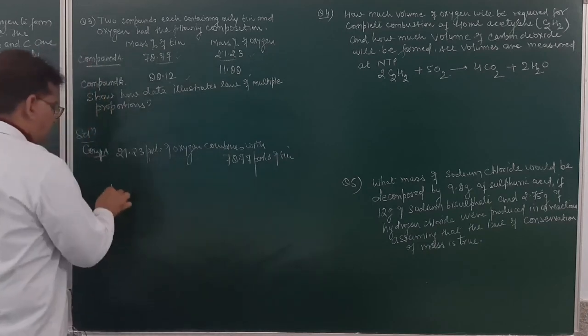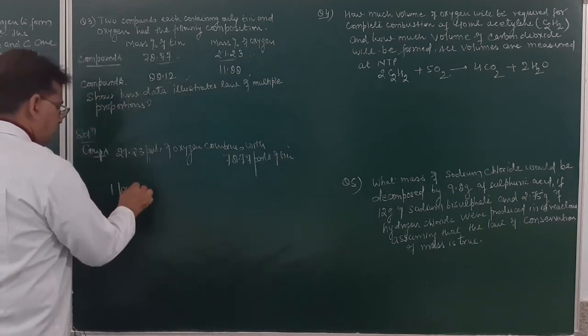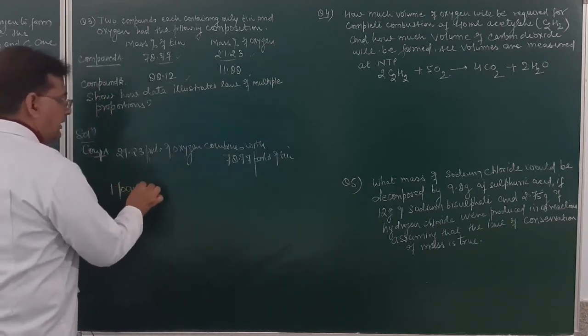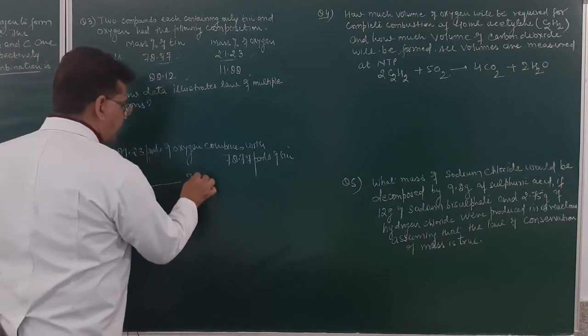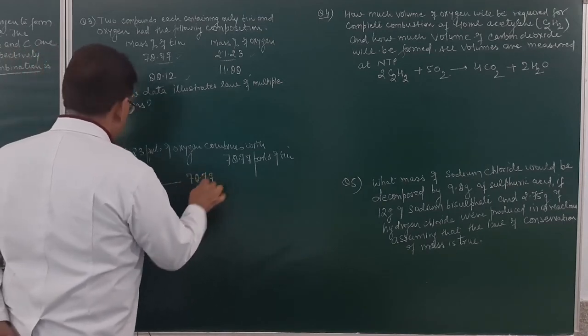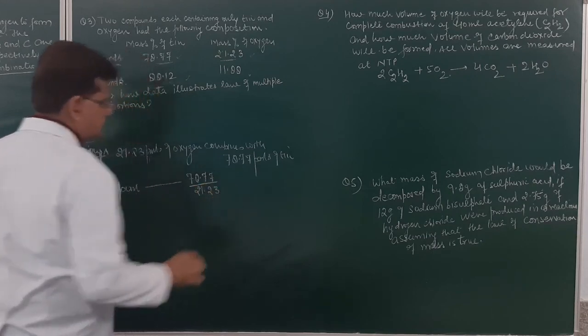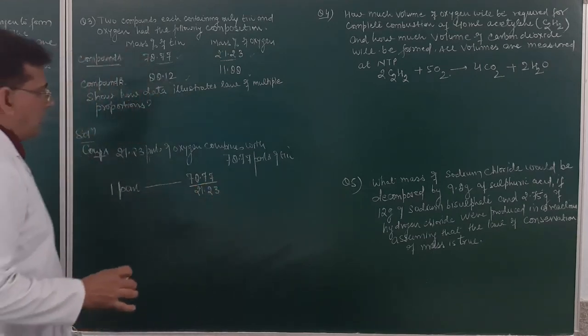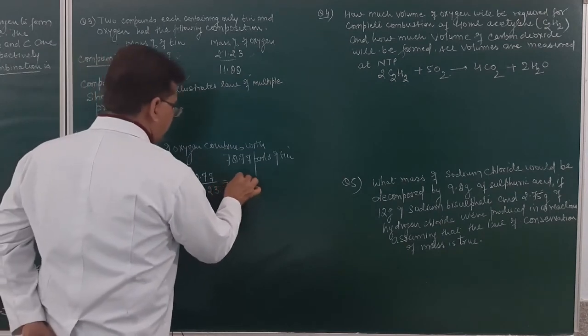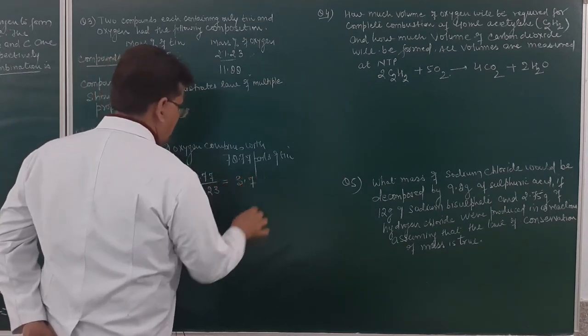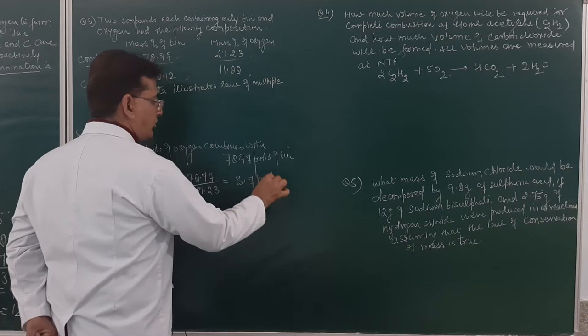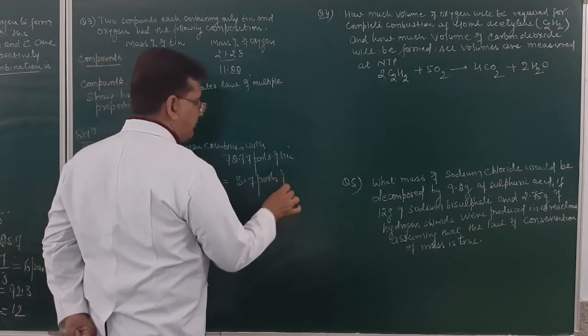If I take one part, it will be 78.77 divided by 21.23. And this will come out to be equal to 3.7 parts of tin.